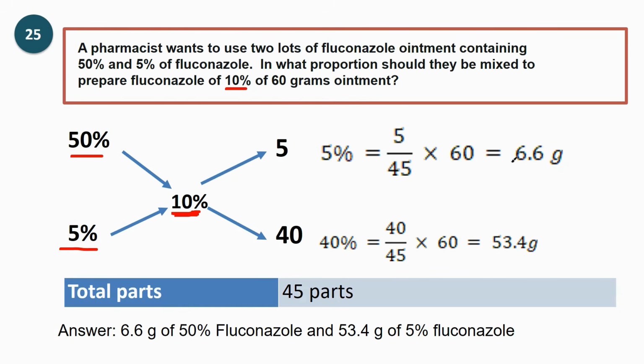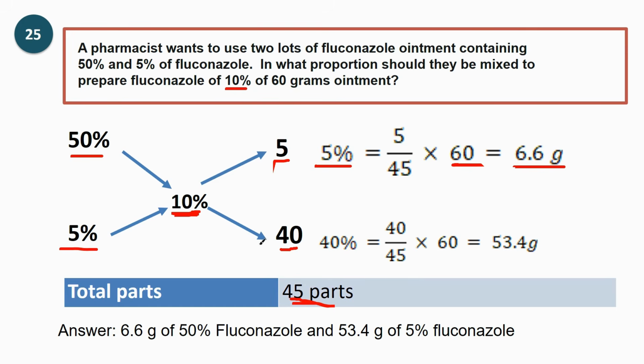So the total parts are 5 plus 40, which is 45 parts. Now for the 50% one, you multiply 5 divided by 45 total parts, and you're preparing 60 grams. So it comes to 6.6 grams.